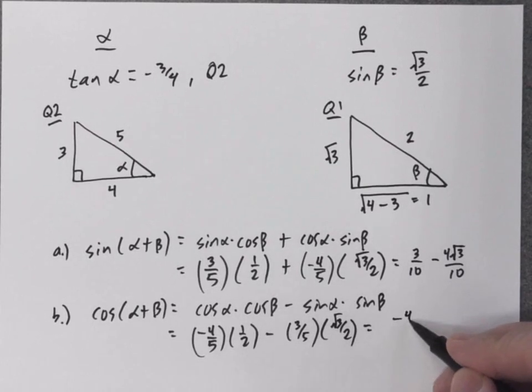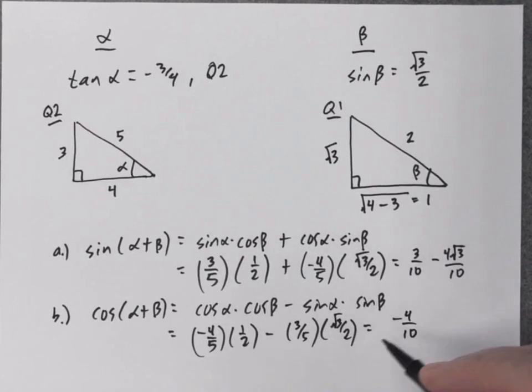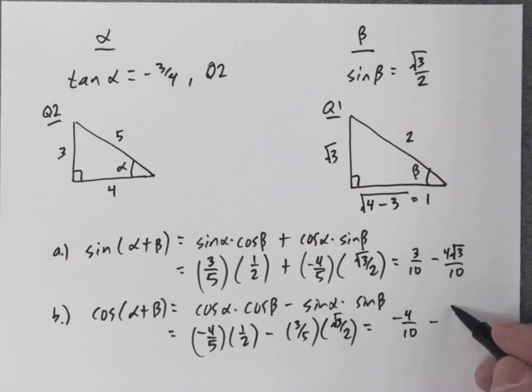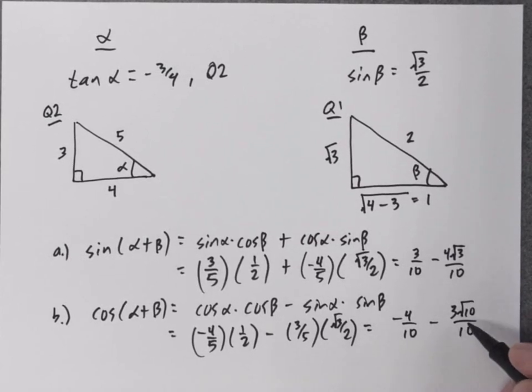Looks like minus 4/10 minus 3 square root of 3 over 10. And this is also correct, written as one fraction.